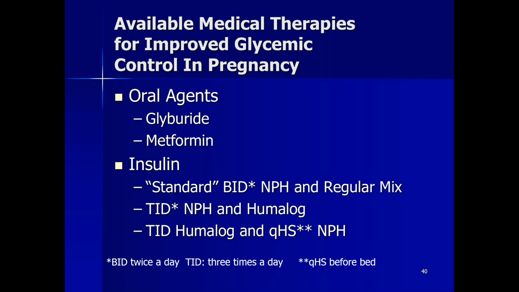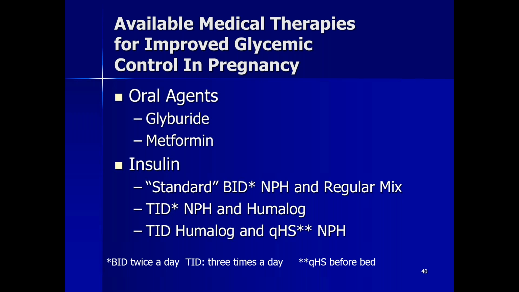Twice a day mix of NPH and regular in the morning before breakfast, a dose of regular at dinner, NPH either at dinner or at bedtime, 3 times a day Humalog or another short-acting insulin before meals with NPH at night. I've seen all sorts of regimens used. I've seen Lantus in the mix. So know that there are several regimens out there.